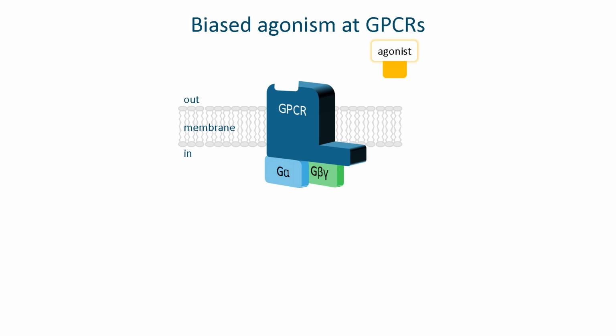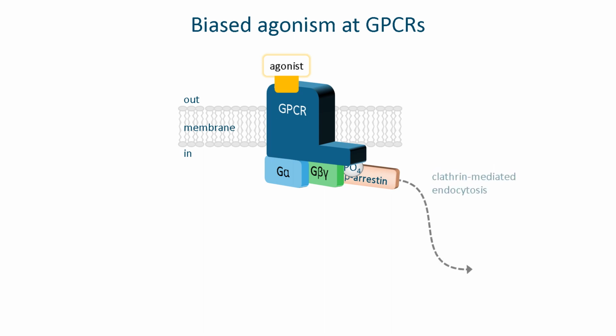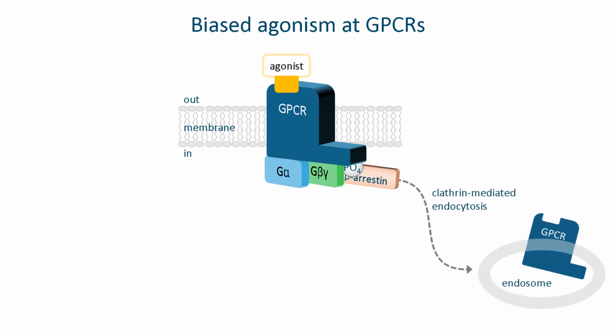At the other end of the spectrum are agonists of G-protein coupled receptors that stimulate phosphorylation of the receptor by G-protein receptor kinases without activating the G-protein. That enables the recruitment of beta-arrestin, which desensitizes the receptor and stimulates its internalization, as well as signaling pathways downstream of the recruited beta-arrestin.